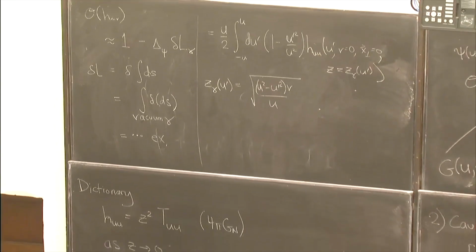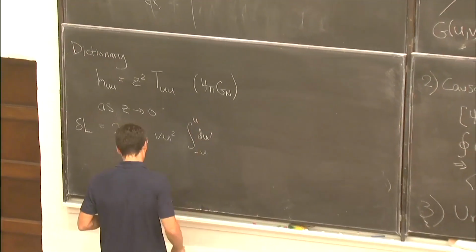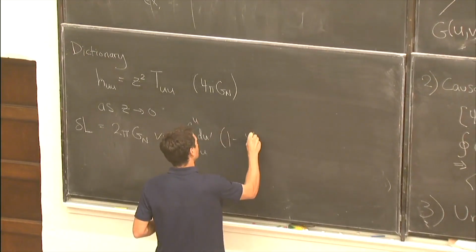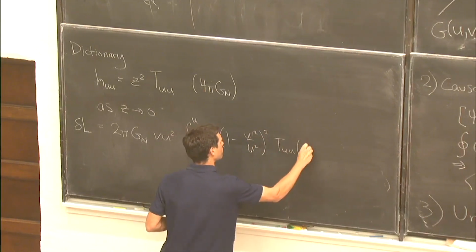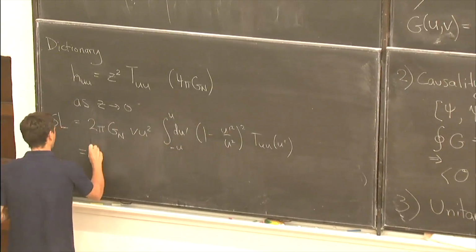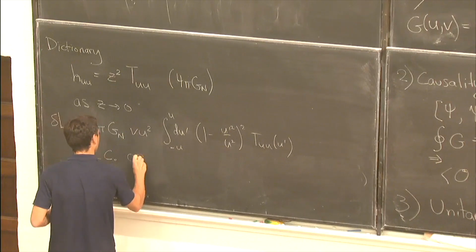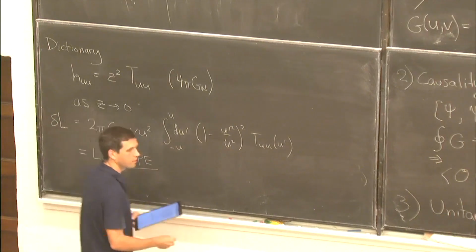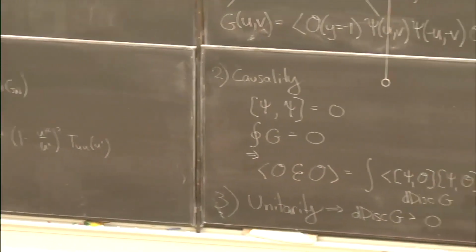So we get 2 pi G Newton V U squared, integral du' from minus u to u, (1 minus u'^2 over u^2) squared, T_uu of u', which is exactly the light cone OPE formula that we derived up there.